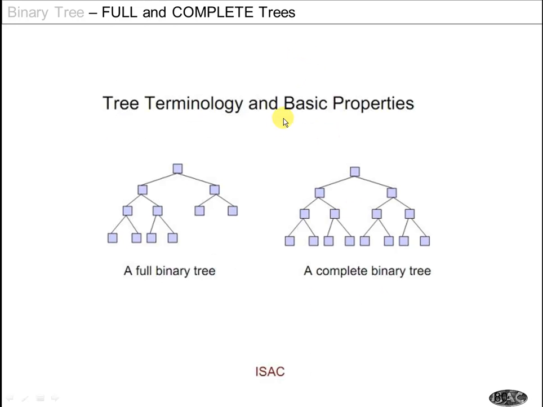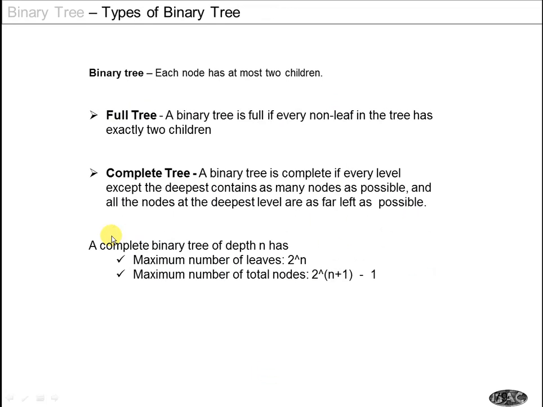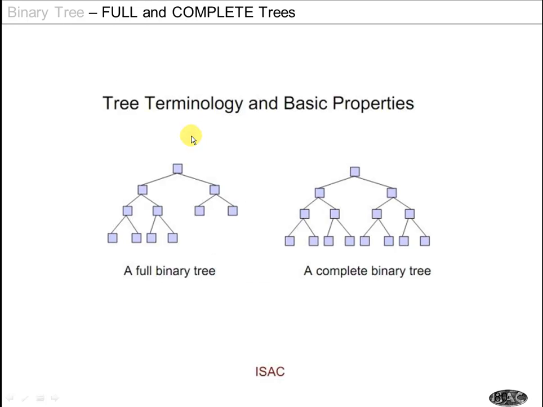Here is an example of a full binary tree. What it says is that every non-leaf node has exactly 2 children. These are the leaf nodes. The definition says a binary tree is full if every non-leaf has exactly 2 children. Now in this one, these are the leaf nodes, so leave them.